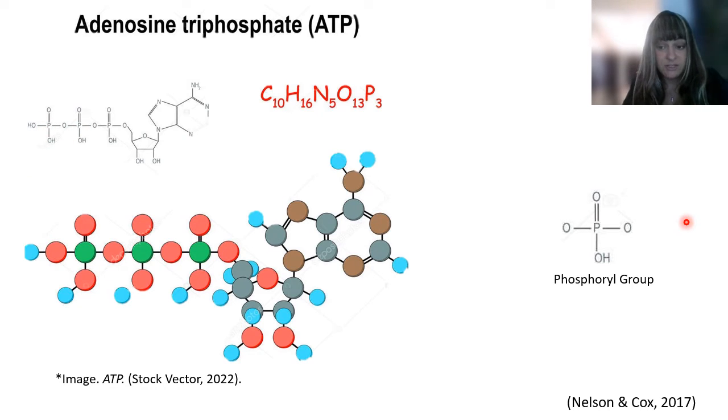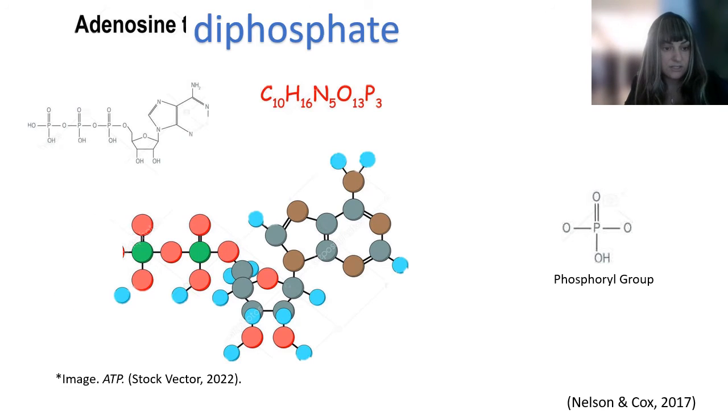These bonds are actually high energy bonds, and they're called phosphoanhydride bonds. Through hydrolysis reactions, they can be broken. When they are broken, which will look like this, because that last phosphoryl group broke off, this molecule changes and becomes adenosine diphosphate. The di is for the 2 phosphoryl groups that remain.